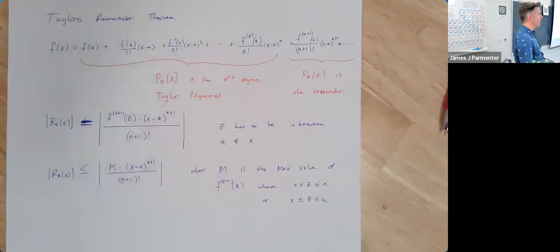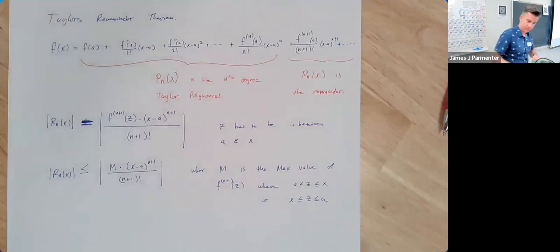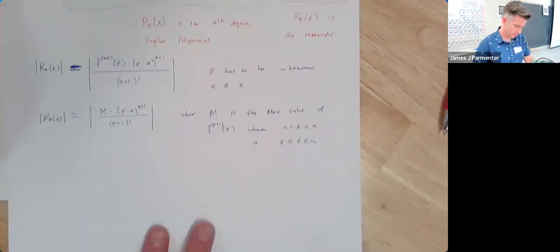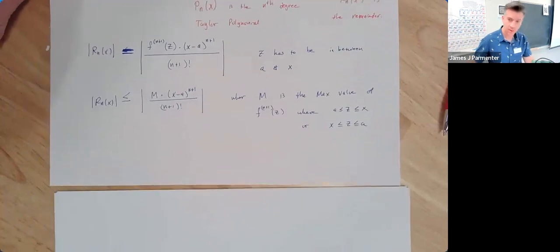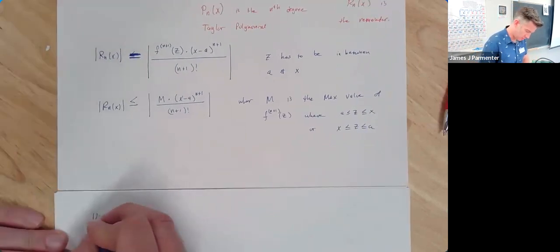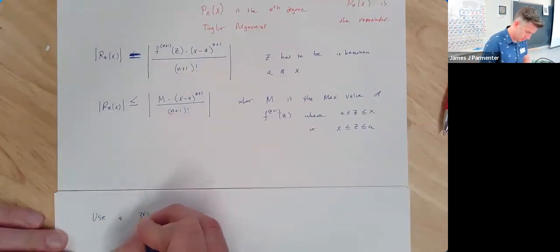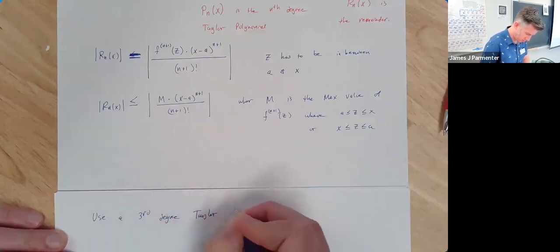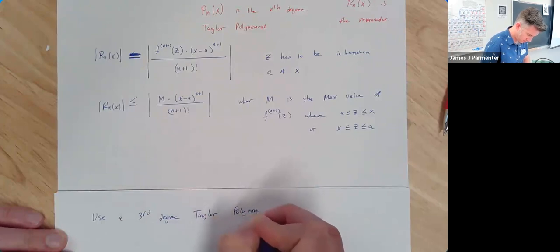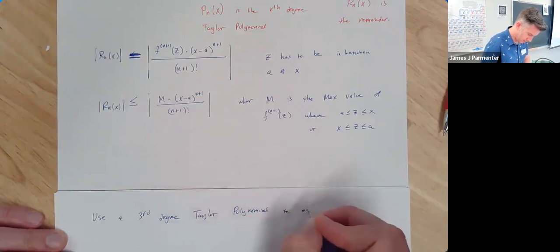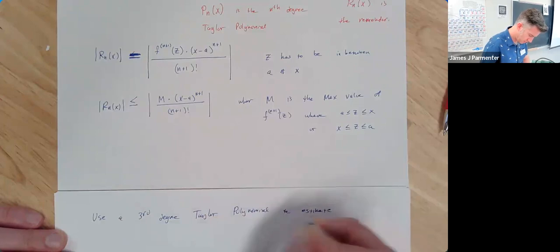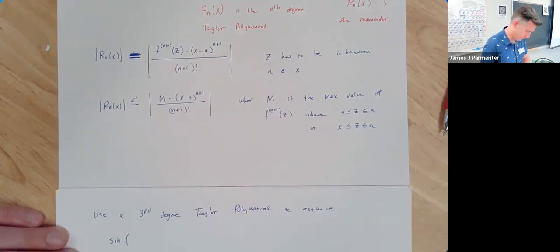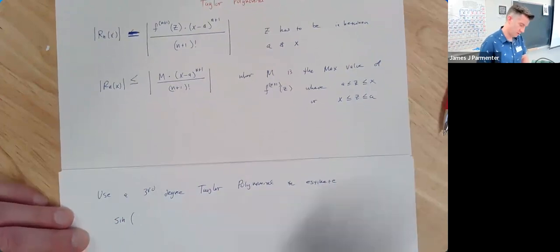So let's use a very typical example. I'm going to use a third degree Taylor polynomial to estimate sine of 1.